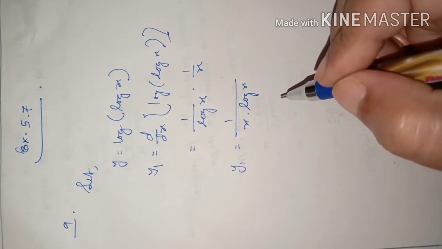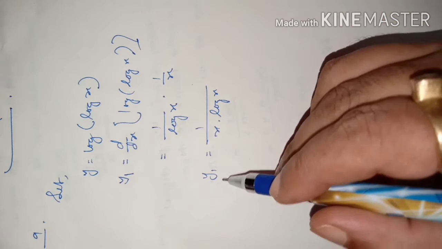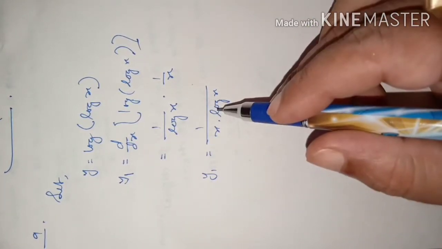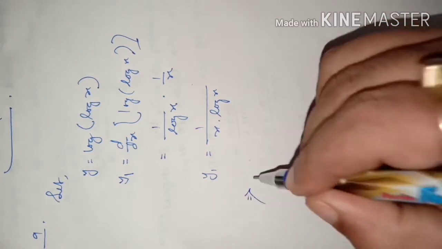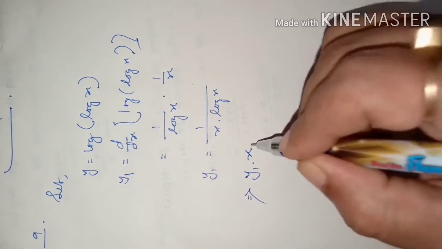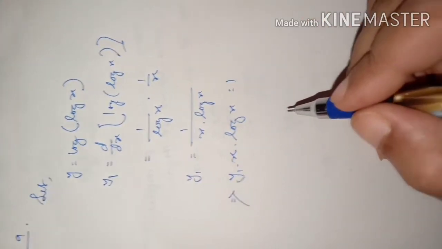Now we can take this to this side also, and then find the derivative of the whole thing. So this one comes here: y1 into x log x is equal to 1. Like this also we can proceed.